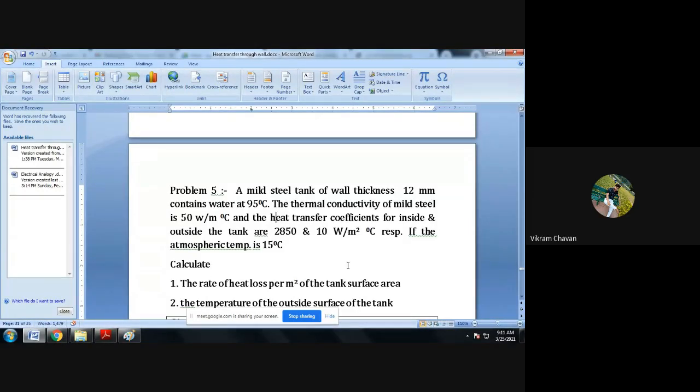Watt per meter square degree Celsius respectively.